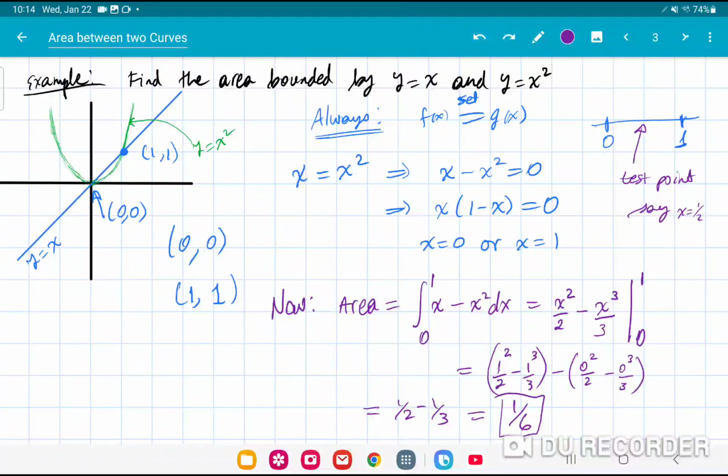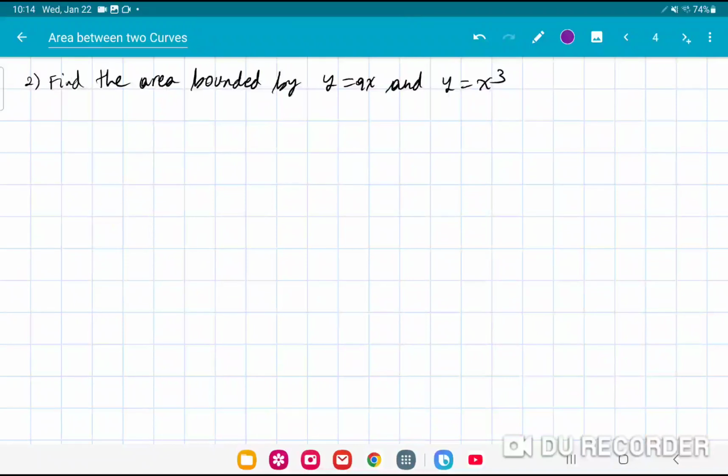All right, let's do a second example. We want to find the area bounded by y equals 9x and y equals x cubed. So like what I said earlier, we're going to set the two equal and solve.